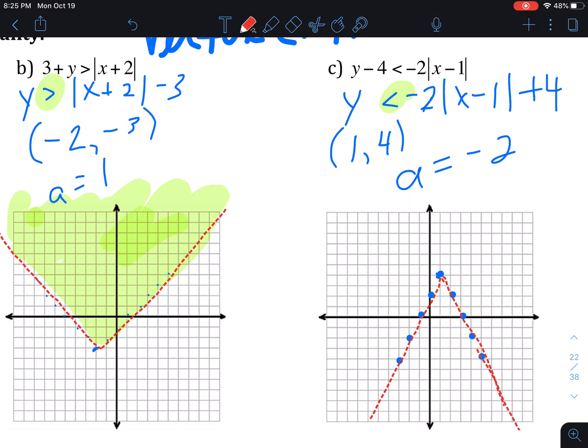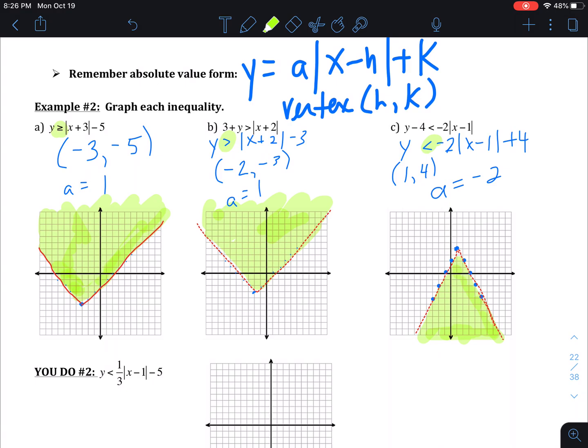And it's a less than, so it's going to be shading below. Oops, did not mean to do that. Erase the whole thing. Okay, that was letter C.